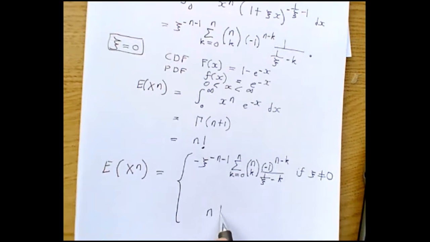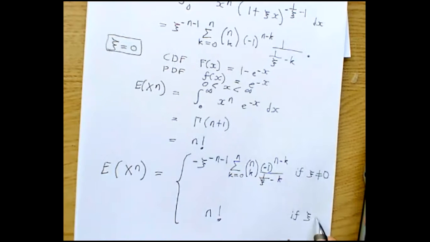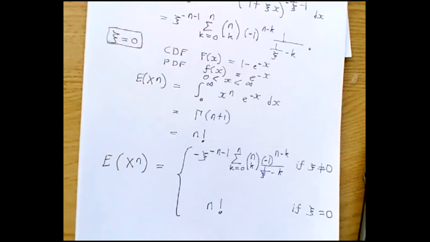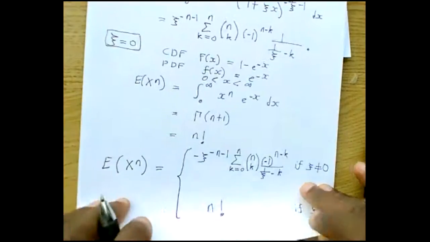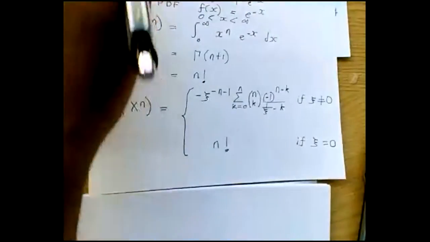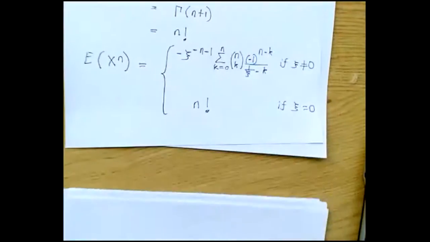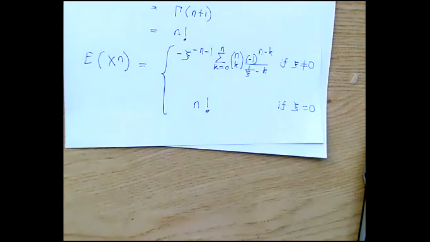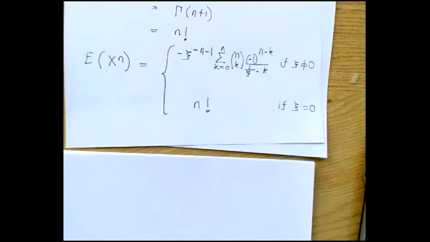And the second formula is n factorial, as if psi is equal to 0. All right, so this is the answer for part B of question number 2.